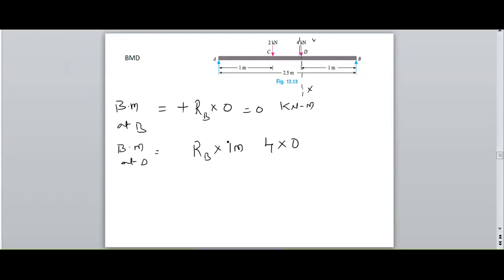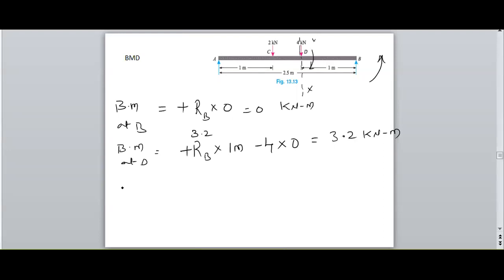Due to RB, it is anti-clockwise, so it is positive. Due to the 4, it is clockwise, so it is negative. By substituting the RB value, 3.2 into 1, we are getting 3.2 kilonewton meter.